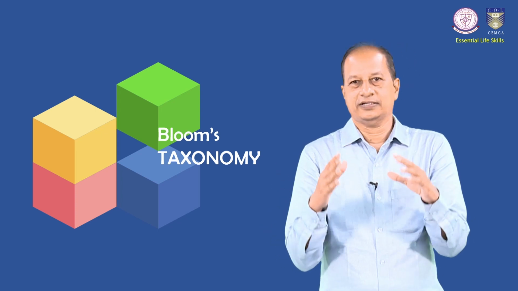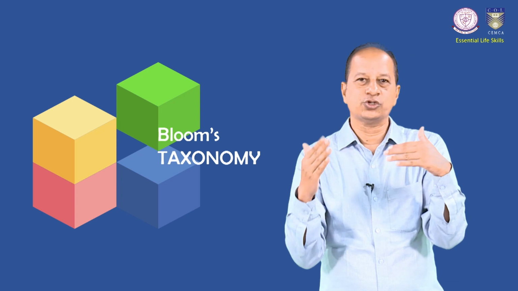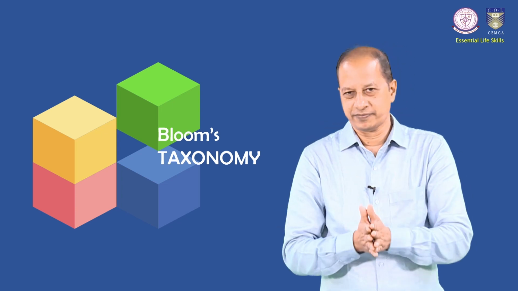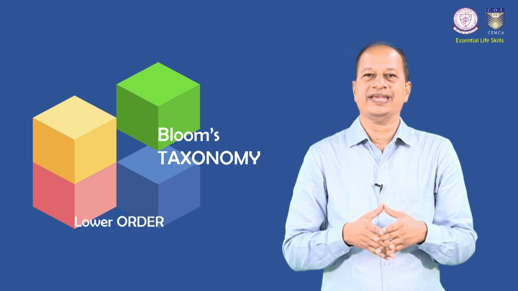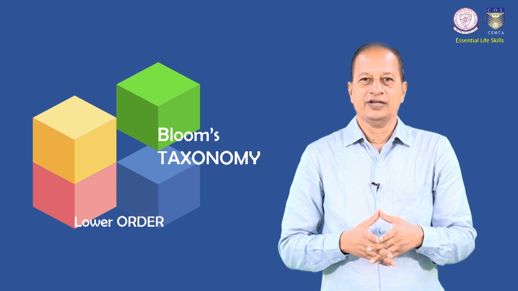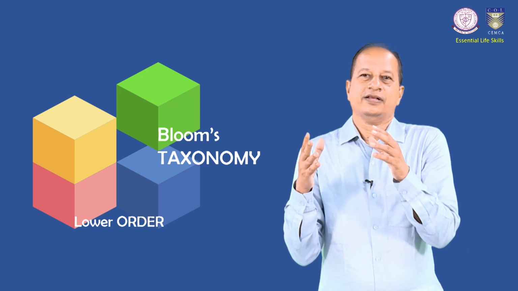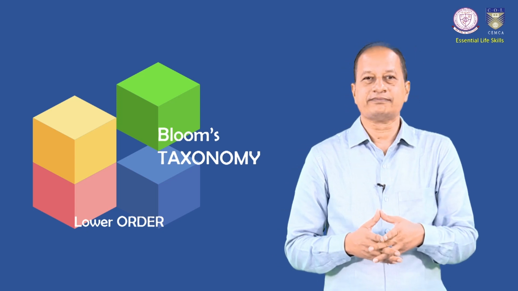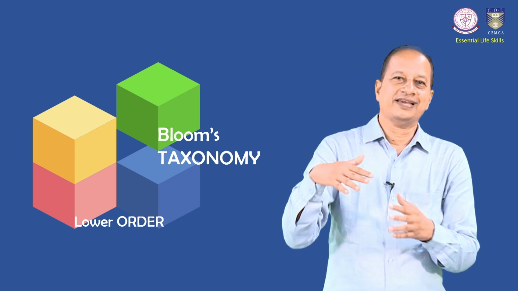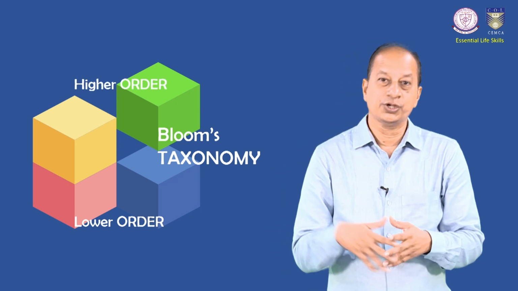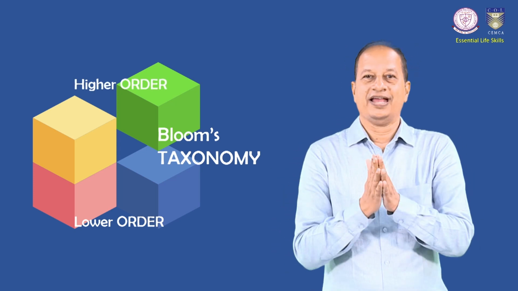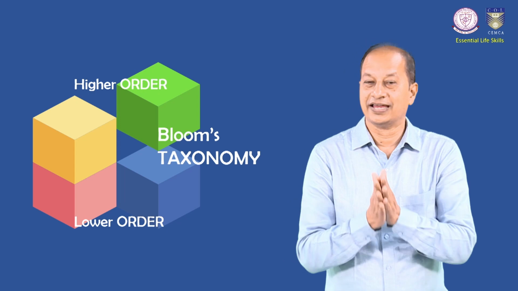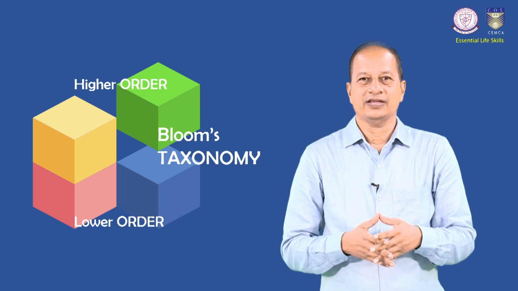It has been divided into two distinct parts: the lower order thinking skills, which includes remember, understand, and apply, and then the higher order thinking skills, which includes analyze, evaluate, and create.